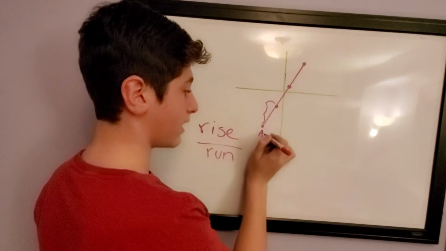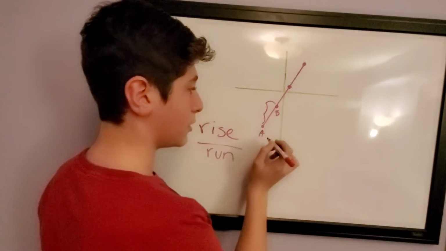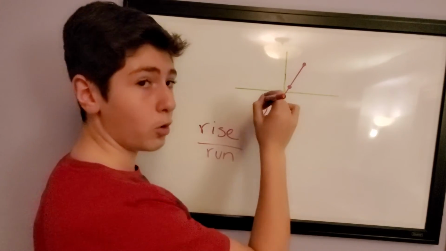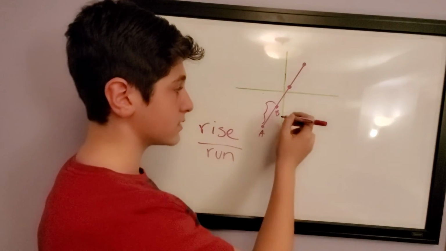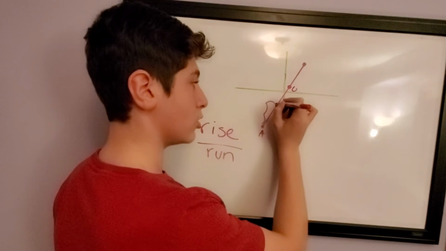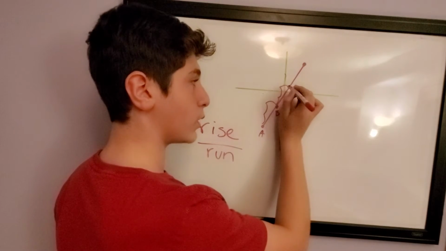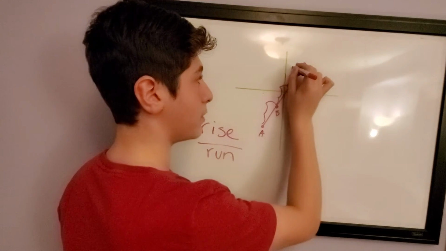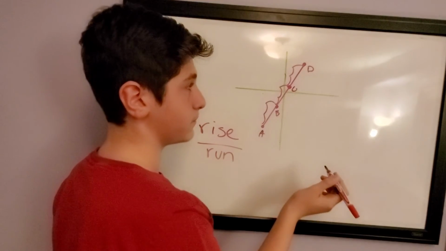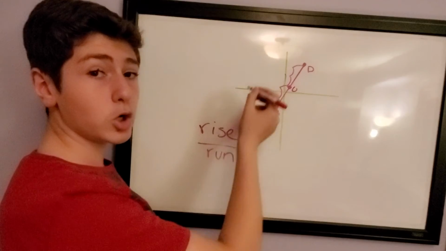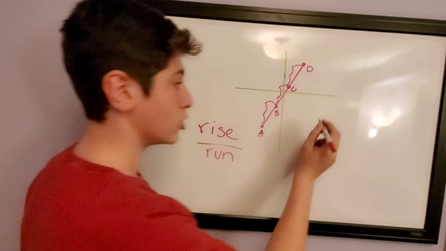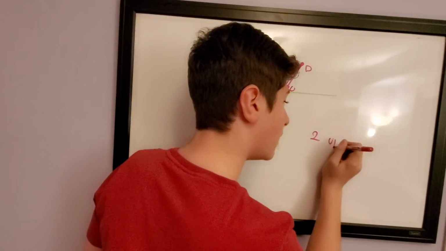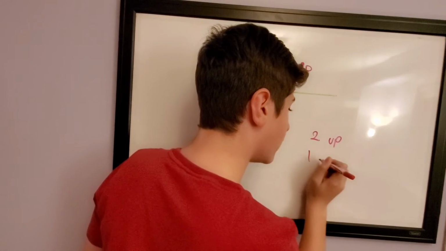So from point A to point B, it would be 2 up, 1 right. Same thing from B to C: 2 up, 1 right. Same thing from C to D: 2 up, 1 right. This is our constant rate. 2 up, 1 right.